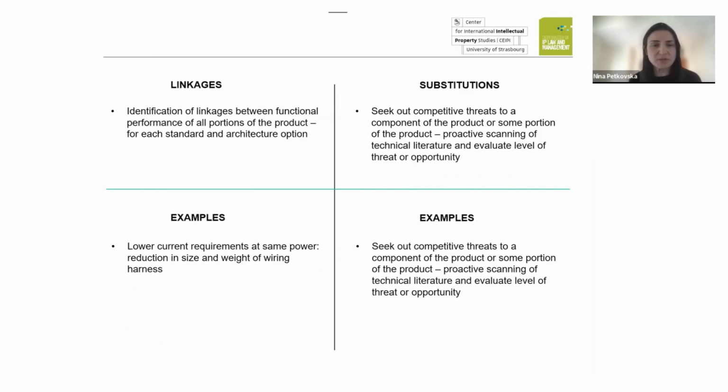For substitution, to seek out competitive threats to a component of the product or some portion of the product. So here the higher voltage allows the use of electric motors in the places where belts or hydraulics are presently used. And we can choose here substitutions from the potential competitors.